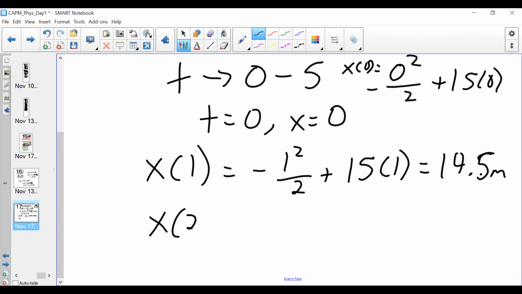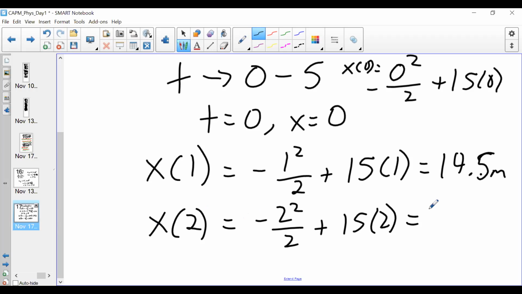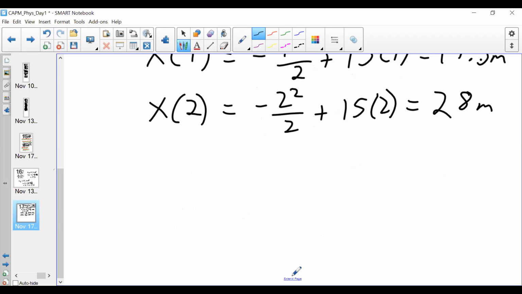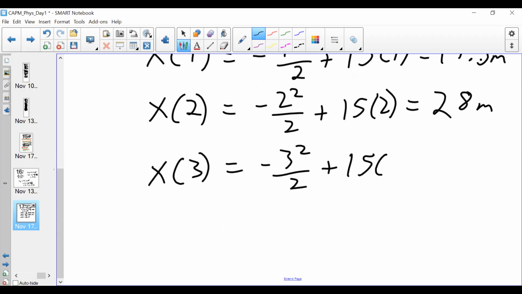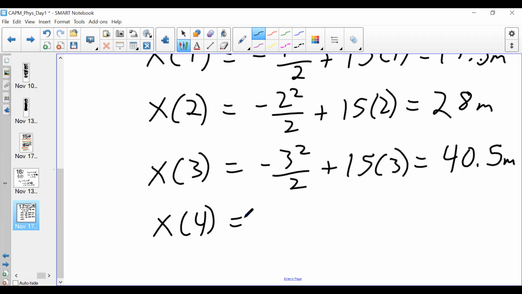Now, x when t is equal to 2 is going to be negative 2 squared over 2 plus 15 times 2, which is 30. And that's going to give me 28. You can verify that for yourself. Go ahead, make sure. And position when t is equal to 3: negative 3 squared over 2 plus 15 times 3. That will give me 40.5. You can probably start seeing the gaps looking like something, kind of a little pattern going on there.